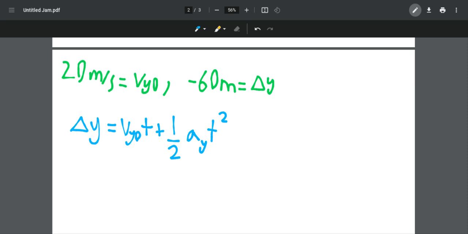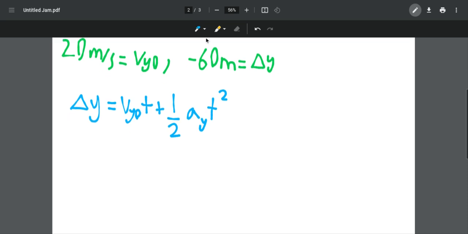But because we want a better approximation, in this case we use negative 10 as the acceleration. So we should just plug in.